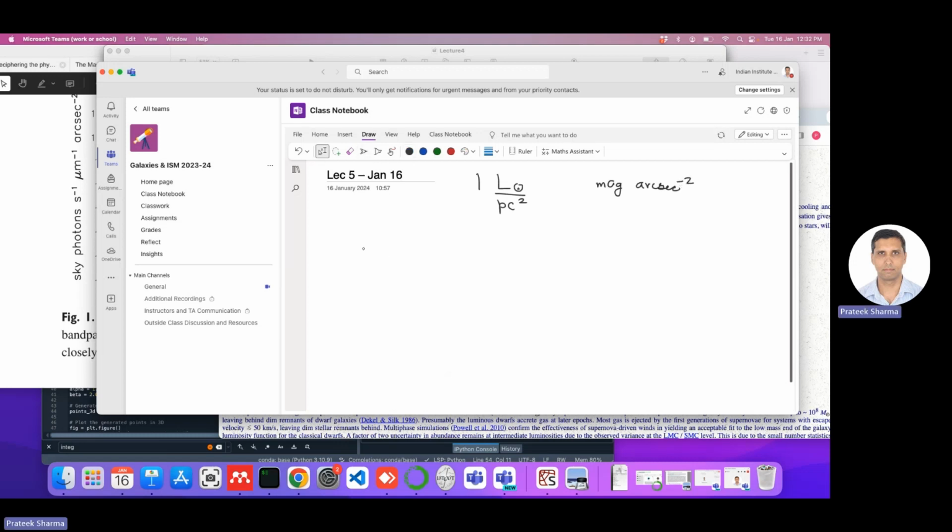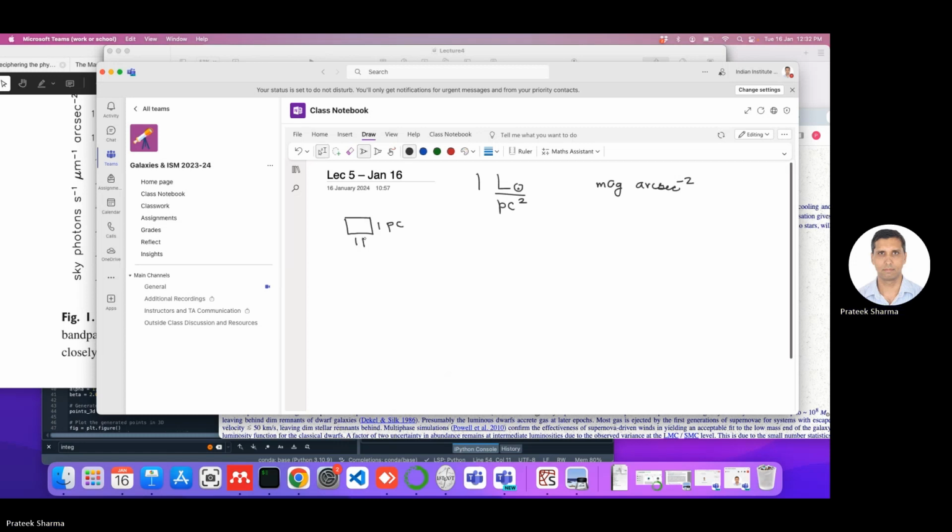So what do we do? You take this object of size 1 parsec, and you spread that luminosity, 1 L sun, over 1 parsec by 1 parsec.